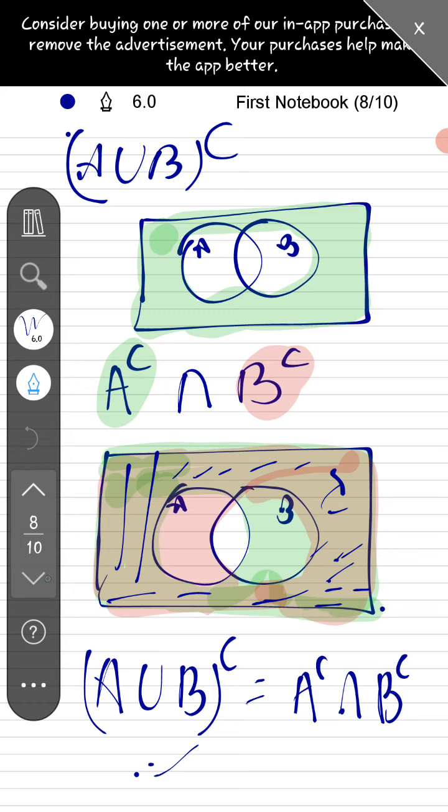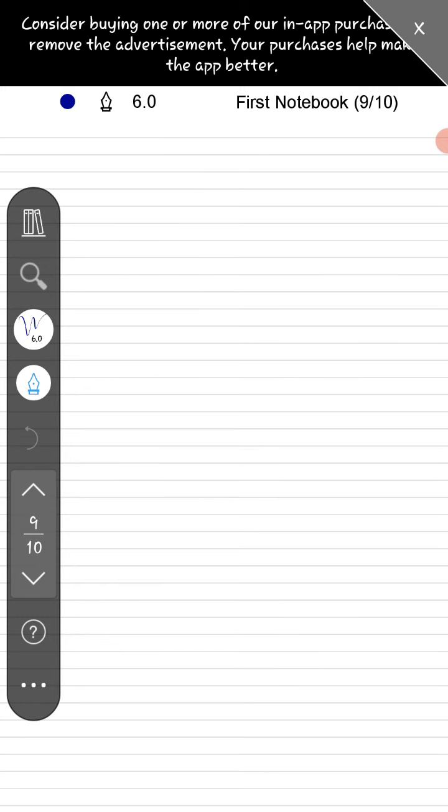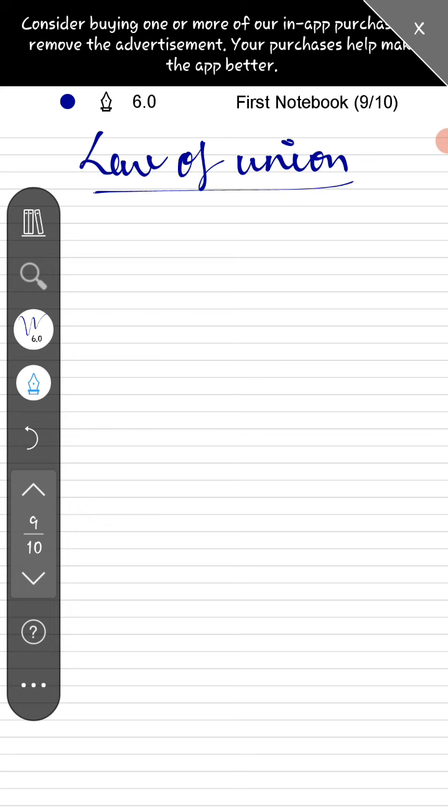Now moving towards one more law of union and intersection. Okay, one more law of union and intersection, and then we are going to end this session. First is the law of union. This law of union says the union is distributive over intersection.